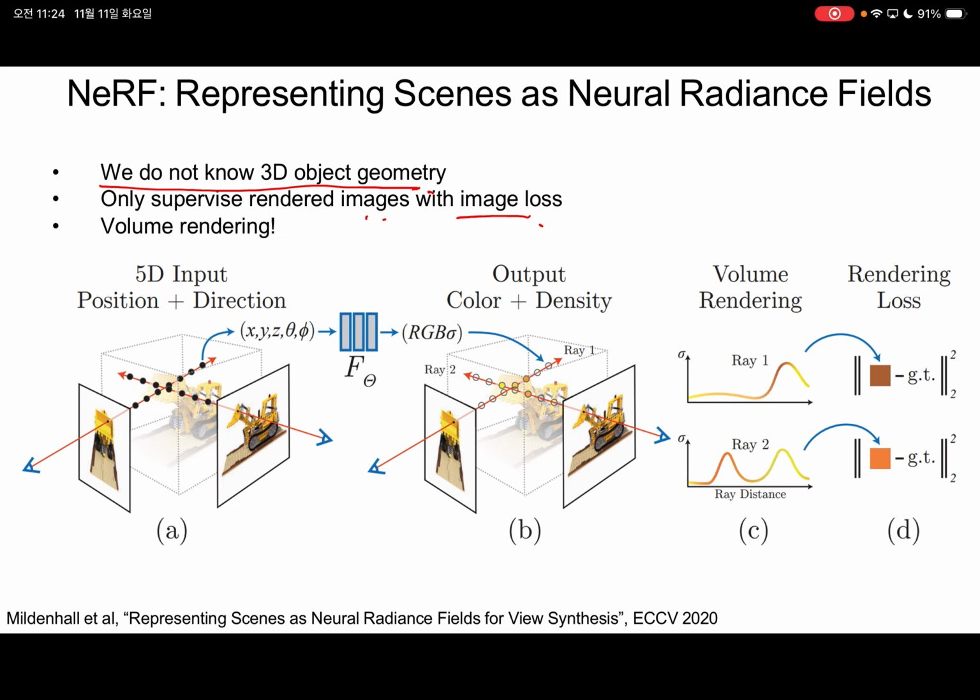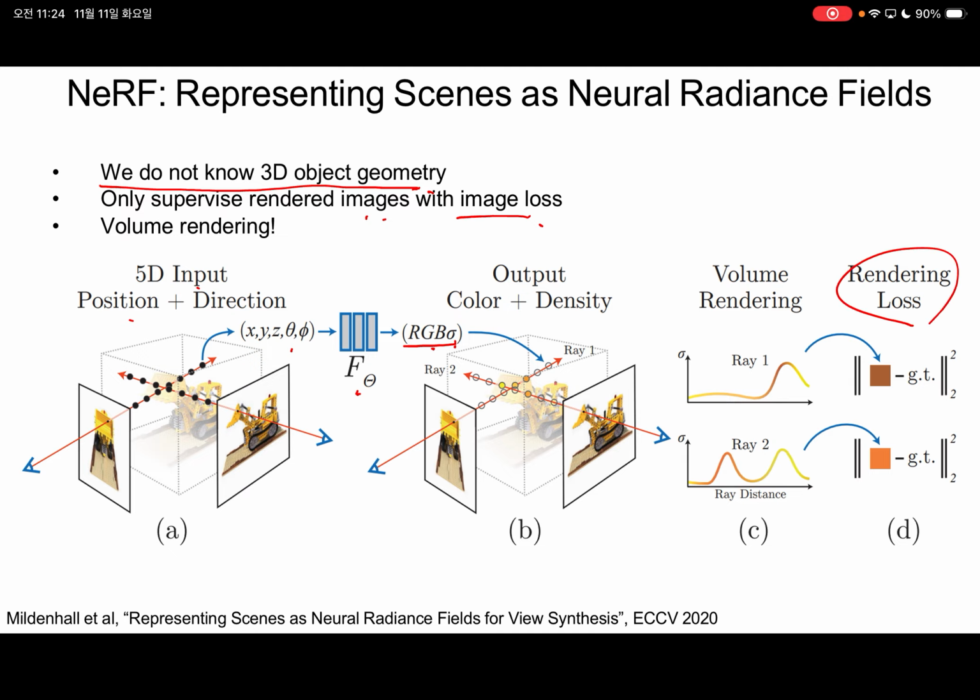Here, the 5D input, point and direction, is passed to the neural network, which outputs RGB and density. Then we render some images. As we have multiple images, we render an image at some viewpoint and pixel-wise compare the rendered image and the captured image, and minimize the distance between them.